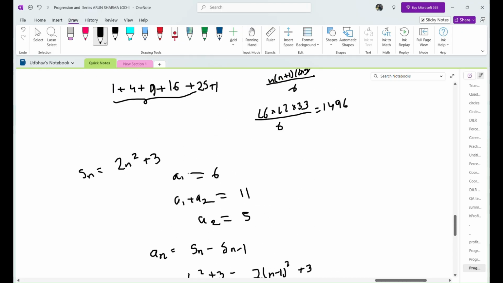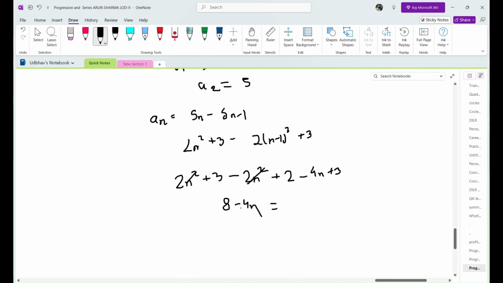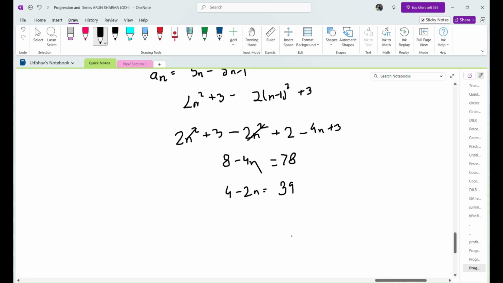Yeah, we want it equal to 78. So 4 minus 2n equals 39.